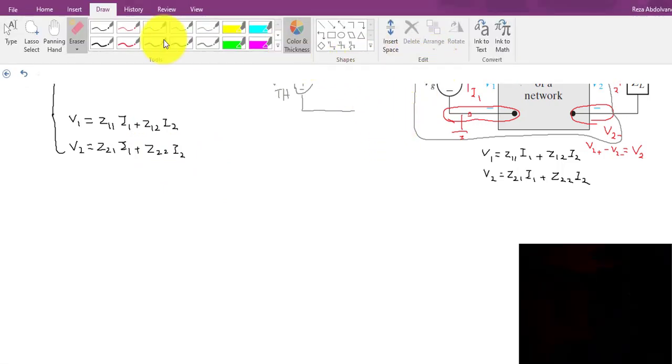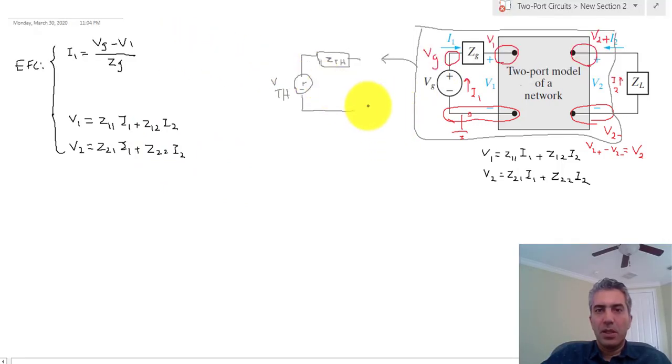The first condition that we're going to be dealing with is that port 2 is open, which immediately means that I2 is 0 and therefore these two terms go away. So condition 1: I2 is equal to 0. And for that condition, now I have V1 equal to Z11 I1 and V2 equal to Z21 I1.